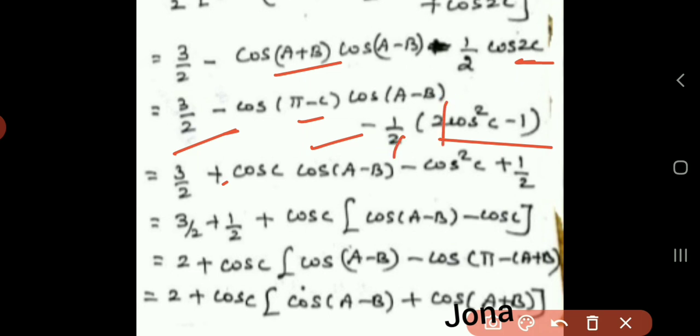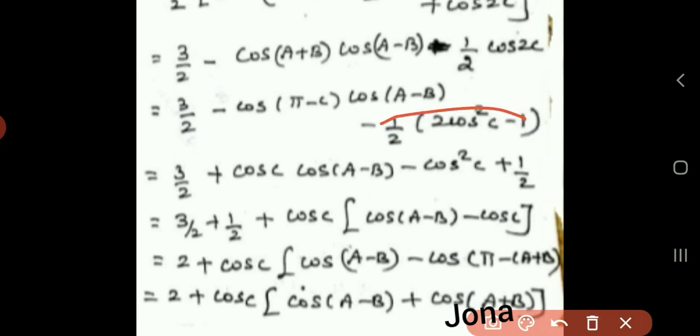Simply we have minus cos square c, and then we have to multiply with the other term, so minus and minus will get plus there. So plus half is here, and then group the constants as the 3 by 2 plus 1 by 2. We have to take the common terms from these two terms, that is cos c. The remaining terms are cos of a minus b minus cos c.